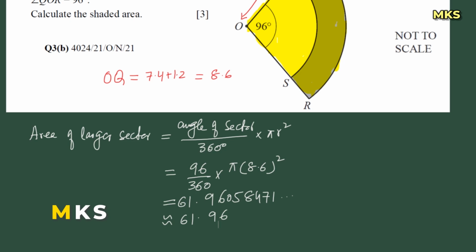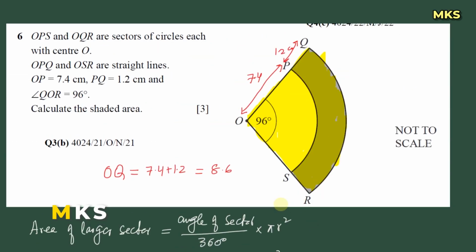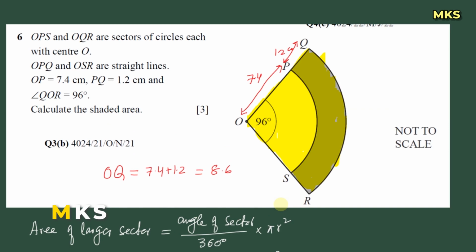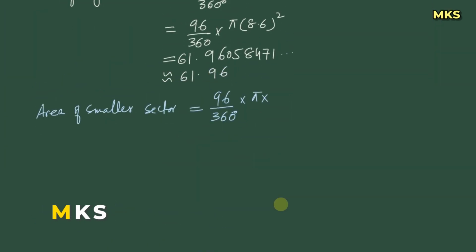In a similar way, we will find the area of the smaller sector, and that will be 96 over 360 multiplied by pi multiplied by, now the radius of the smaller sector OP is 7.4 centimeter. So multiply by 7.4 square.